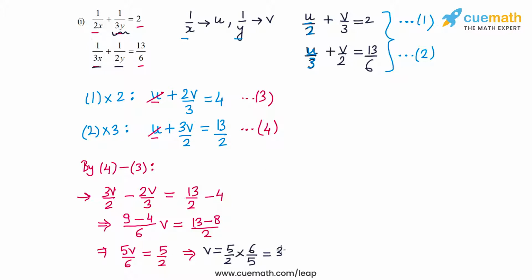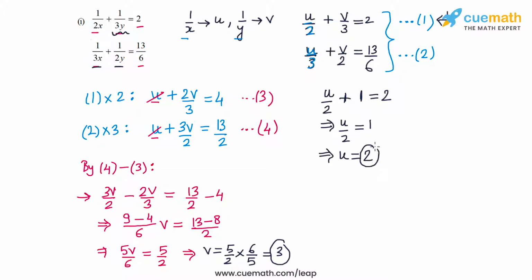So v is equal to 3, and now let's substitute this value of v into any of these original equations. So let's substitute this into equation 1. We will get u by 2 plus v by 3, or 3 by 3, or 1, is equal to 2, and from here we get u by 2 equal to 1 or u equal to 2.